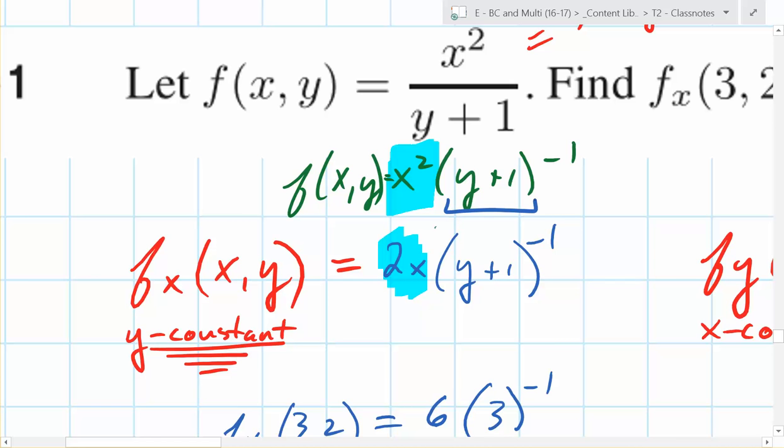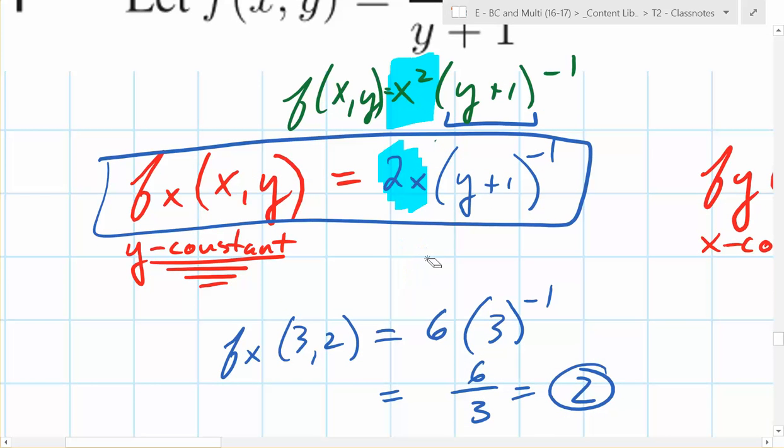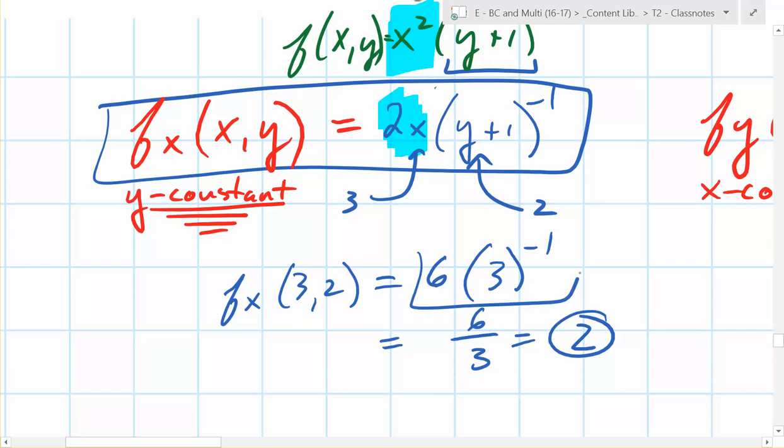So if this is the algebraic derivative of f with respect to x, what point did we want to do it at? 3, 2? You plug in 3 for what? X. 3 for x, and what do you plug in for y? 2, and what do you end up with? 6 times 3 to the negative 1, which is 2.